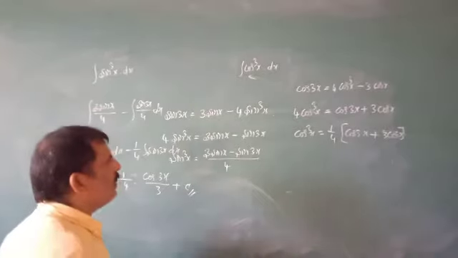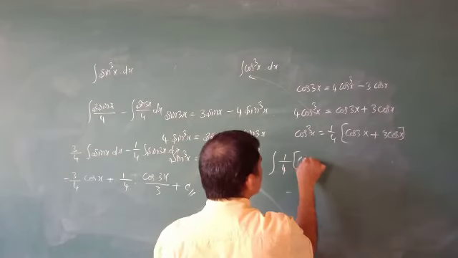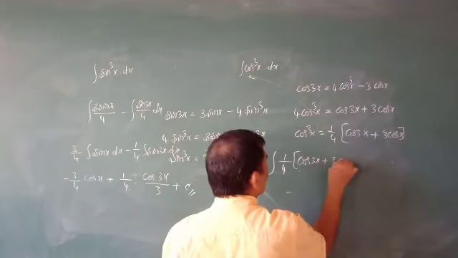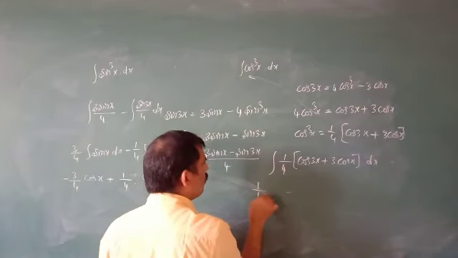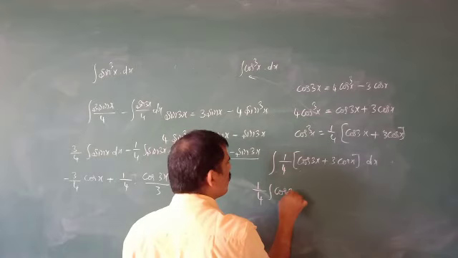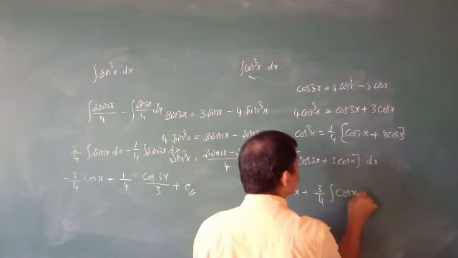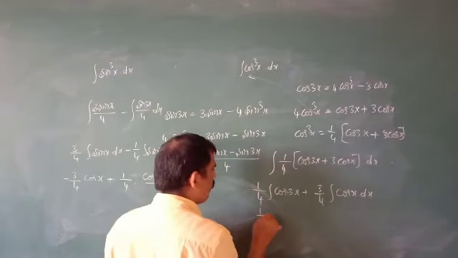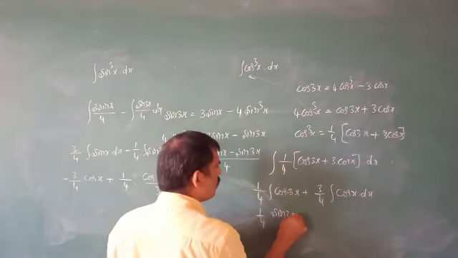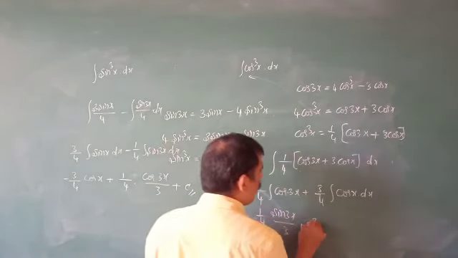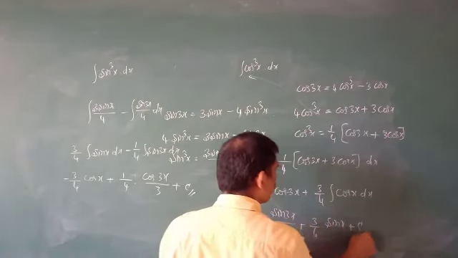Integrate of cos cube of x is 1 by 4 into integrate of cos 3x plus 3 by 4 into integrate of cos x with respect to x, which is 1 by 4 into sin 3x divided by 3 plus 3 by 4 into sin x plus c.